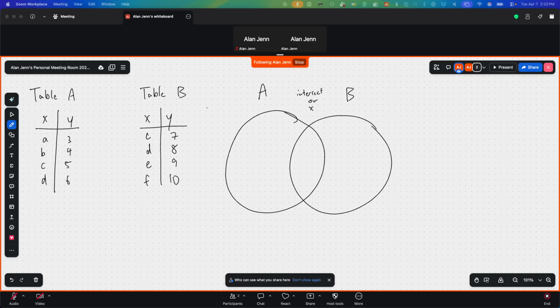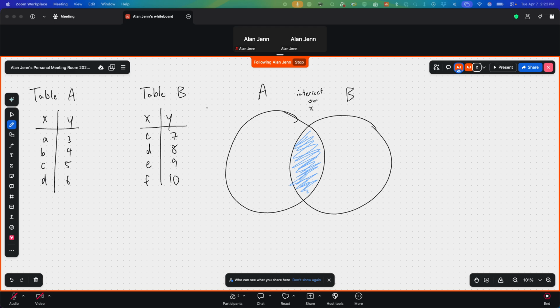Okay, so let's see here. So we can have kind of what you would expect, where the intersection is only on properties where the x's overlap, right?